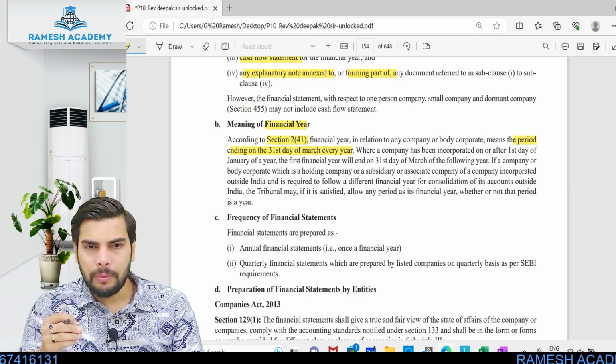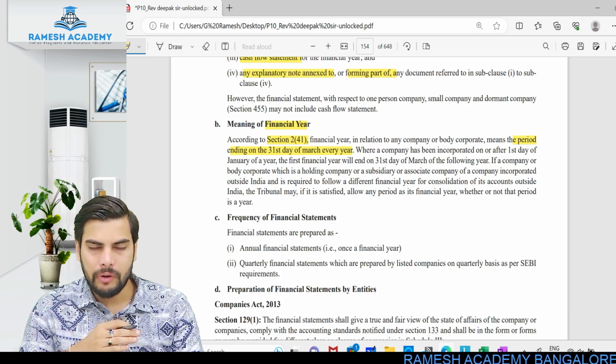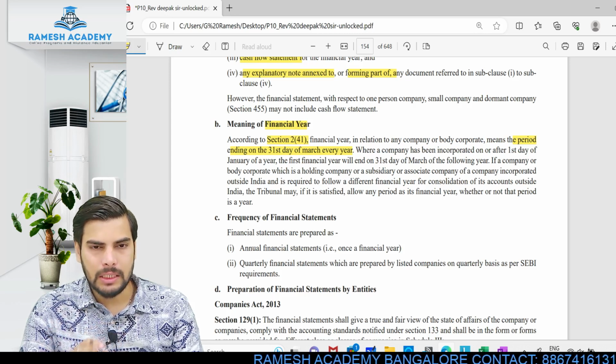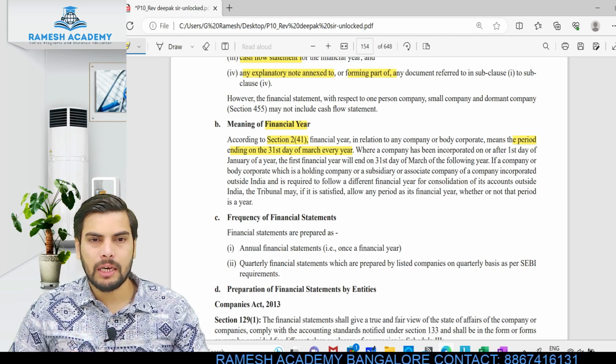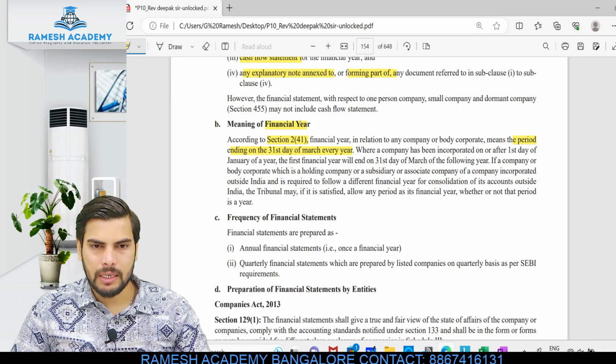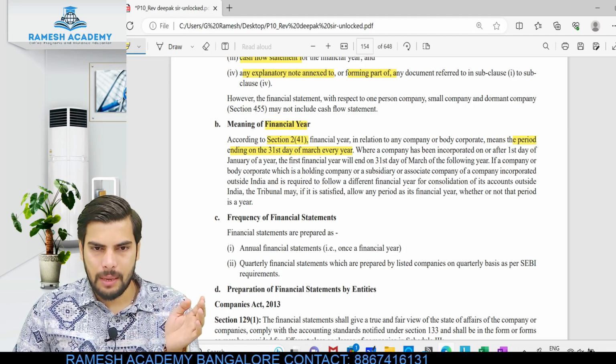Now, when they are preparing the consolidated financial statement, they will be applying their country law. Okay, according to their country law, let us say the financial year will be ending on 31st December. So, at that point of time, the tribunal, if it is satisfied, it may consider some other period as financial year. Okay, so even the year which is ending on 31st December can be considered as financial year in that case. Did you understand? So, in India, we will be normally following this April to March approach.